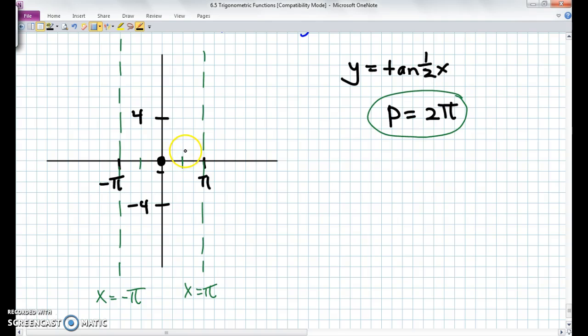Look on your graph on page 511. Right in between the two, y equals. Can anyone figure it out? Not x, y. What does y equal? 1. Y equals 1. Right in between, we're going to have y equals 1, and right in between here, we're going to have y equals negative 1. And so that tan graph is going to look like this.